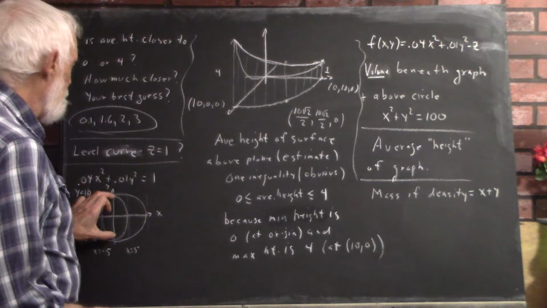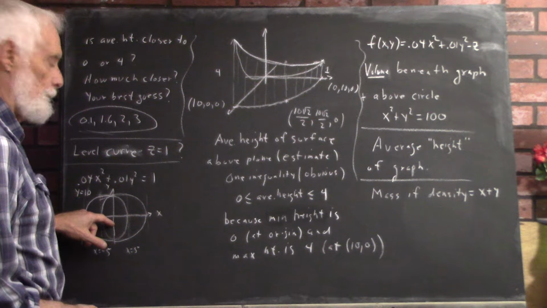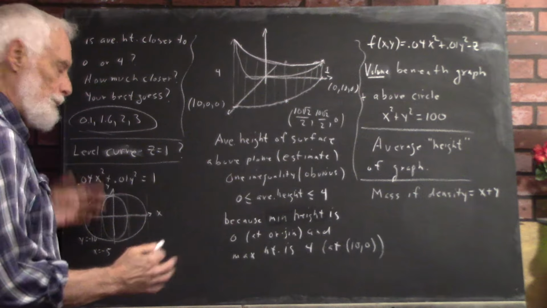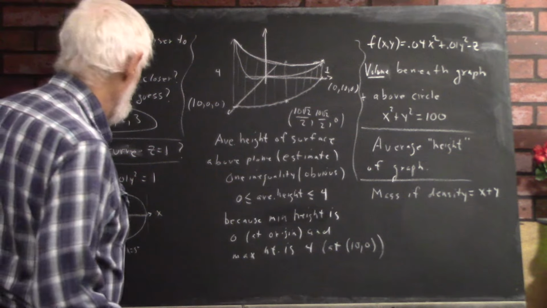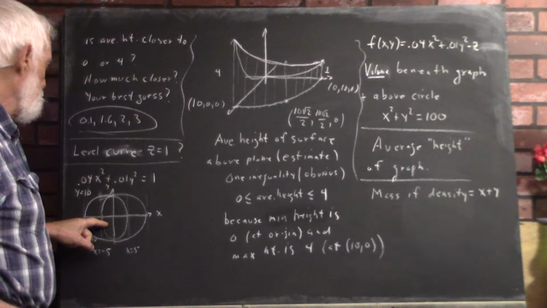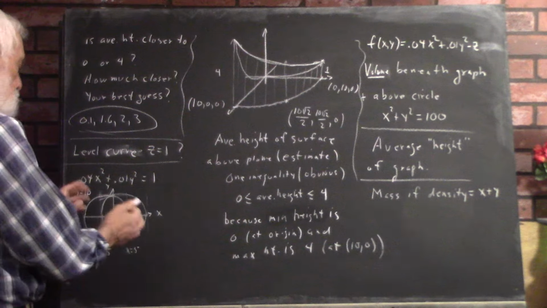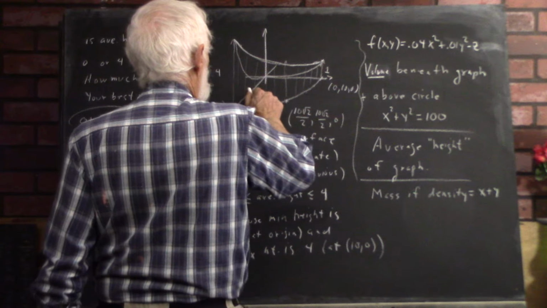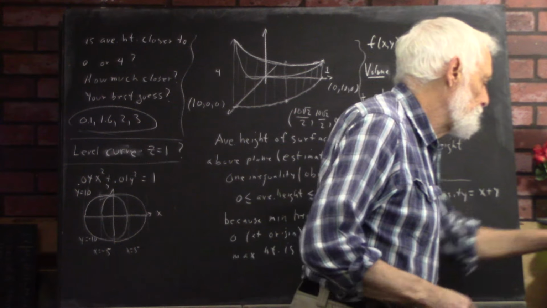For every point inside the ellipse, the height is going to be less than 1. For every point outside the ellipse, it's going to be more than 1. Turns out this ellipse has exactly half the area of the circle, although the way I've drawn it, the circle's a little too wide. So I can come in here and sketch that ellipse.